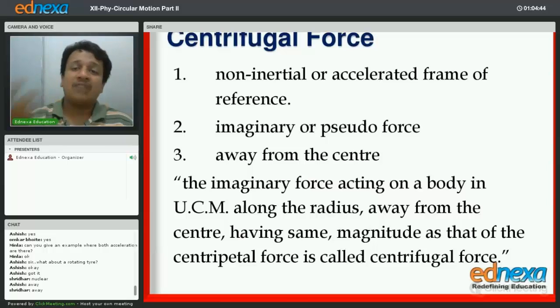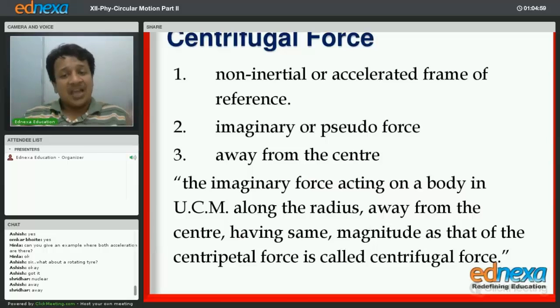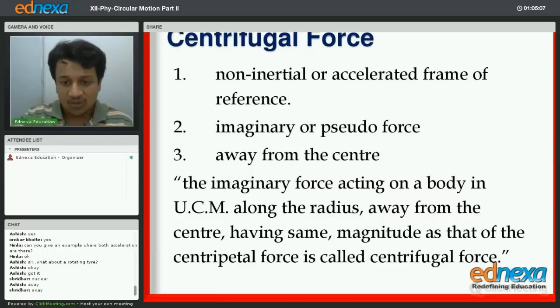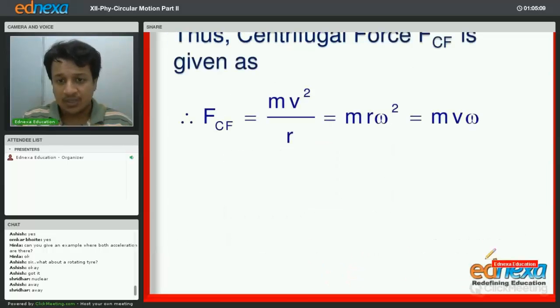Newton's third law of motion: for every action there is an equal and opposite reaction. Only directions are opposite. So an imaginary force acting on a body in UCM along the radius away from the center, having the same magnitude as that of centripetal force, is called centrifugal force.